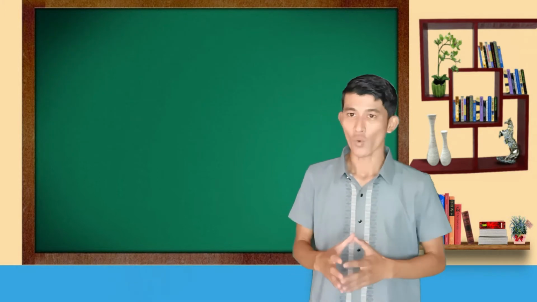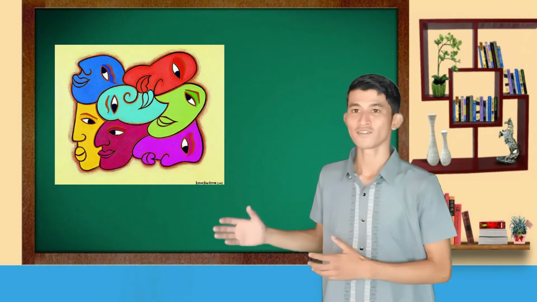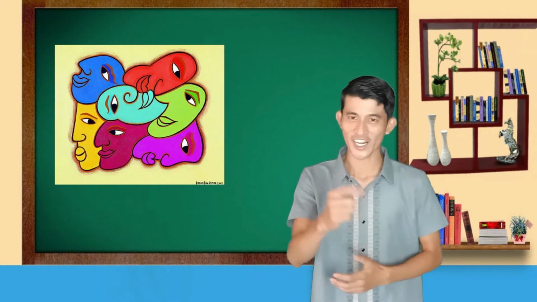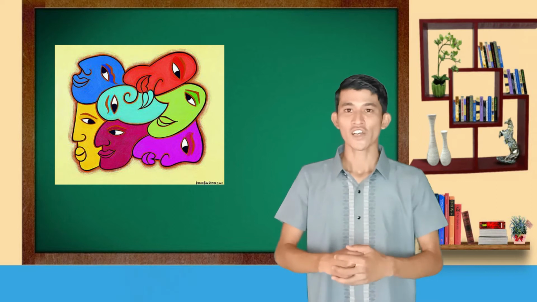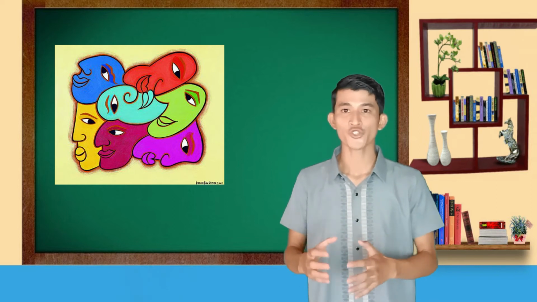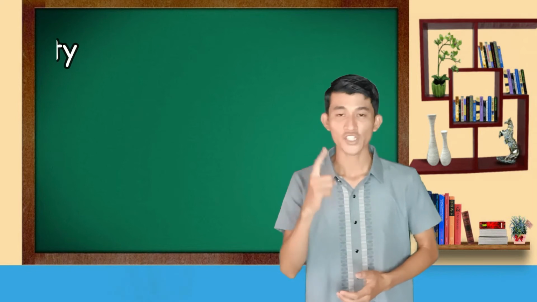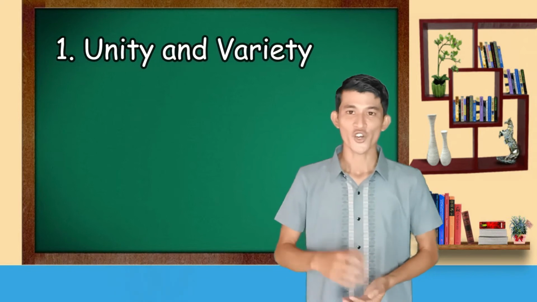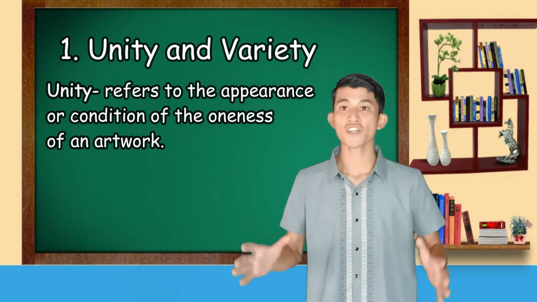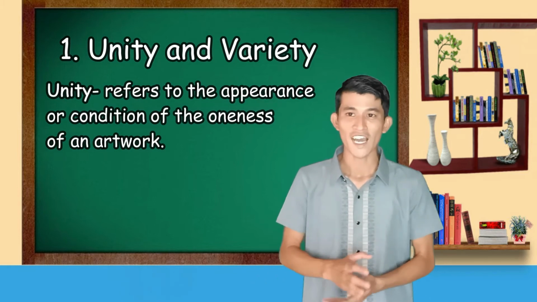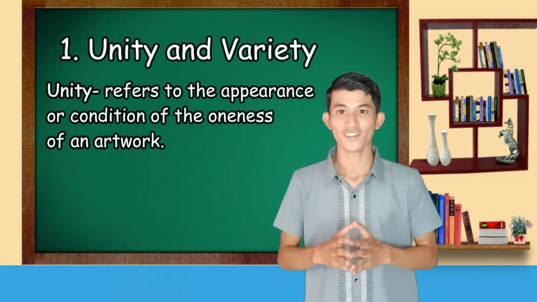Okay, class, what do you call this one? Correct. This is called a painting that shows unity and variety. So number 1 is unity and variety. Unity refers to the appearance or condition of the oneness of an artwork.